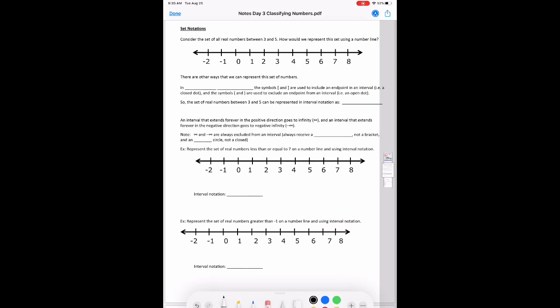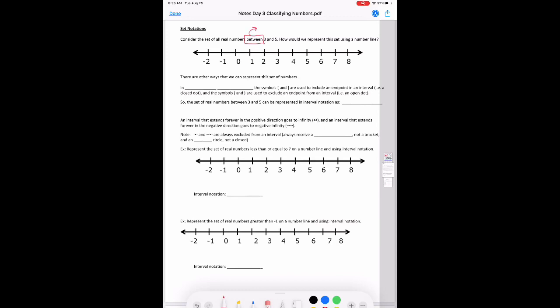But really, the directions and the words and the way we describe certain numbers, that is all extremely important in math. So let's pick out that important stuff. We see that we have numbers between 3 and 5. Okay, so between is the key word. Between, that means that it's not actually including 3 and 5. It's only what's in between there.